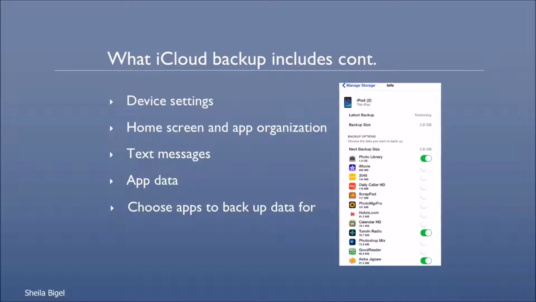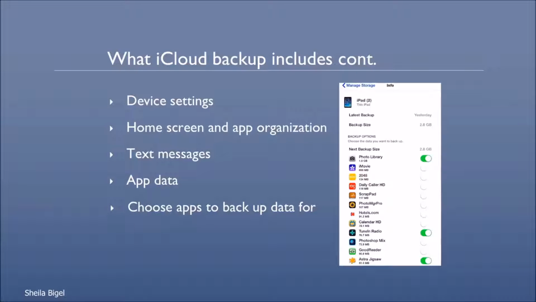Now, if you run low on storage, you can determine which apps you want your backup to back up data for. Some of them may be important to you and others are not. And essentially, to get to the screen that I'm showing here, you go to your settings, your iCloud settings, your storage, your manage storage, and then you pick your device.